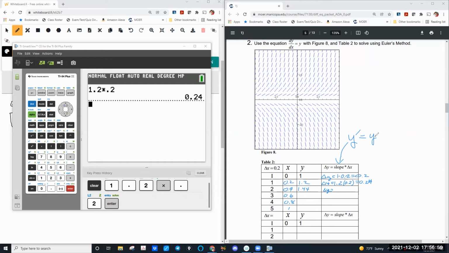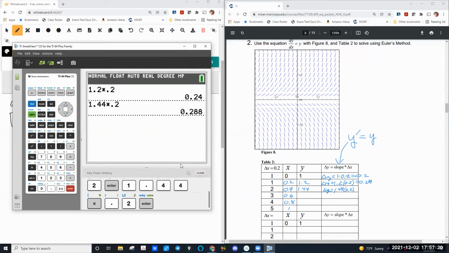So now our slope is y, but now it's 1.44 times our delta x. 1.44 times 0.2. There's our new delta y. And I'll record that in just a second, but that gets added to our old y, which is 1.44.